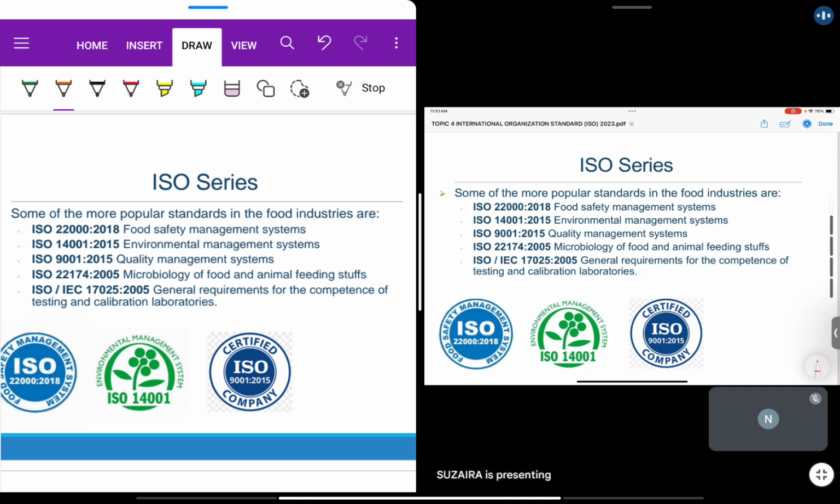Whenever we talk about those involved with the food industry, in Malaysia, even though there is GMP and GHP, ISO is actually another body, but in Malaysia standard, one of it is ISO 22000, considered as a reference for the food industry.